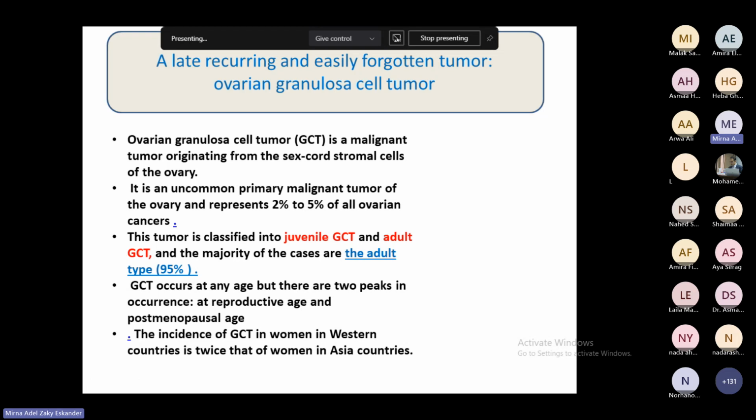It's classified into juvenile type and adult type, and the majority of cases, such as our case, are the adult type. It's considered 95% of the classification, and it occurs at any age, but there are two peaks in occurrence at reproductive age and postmenopausal age. The incidence in Western countries is twice that of women in Asian countries.